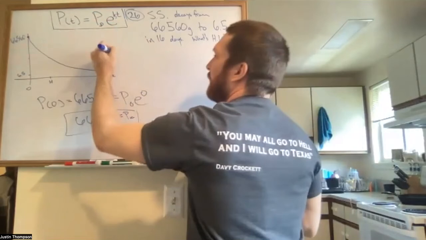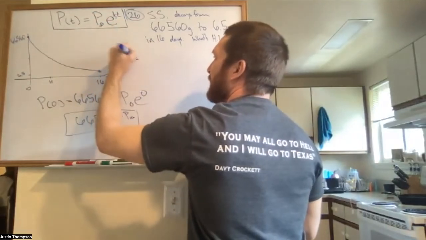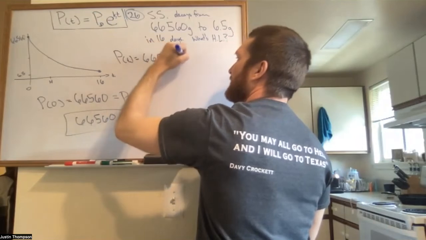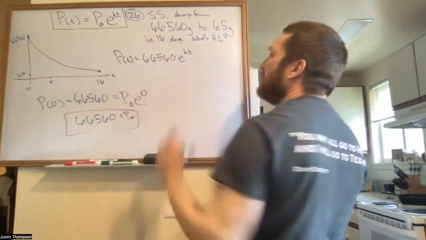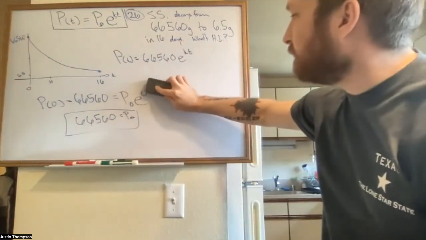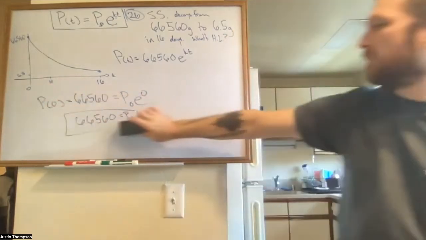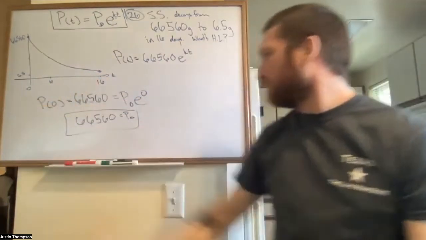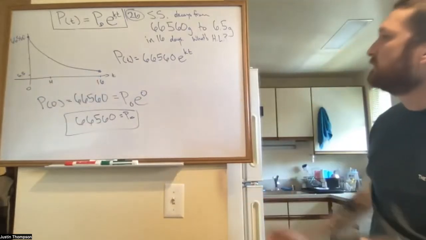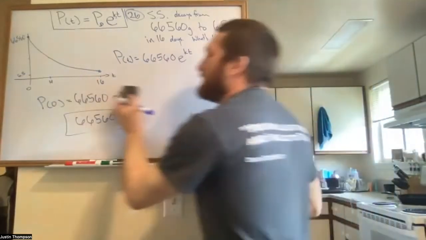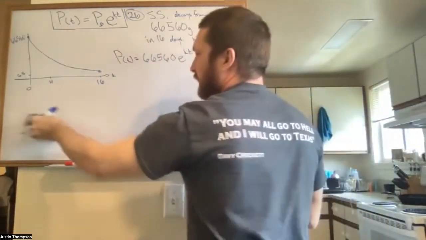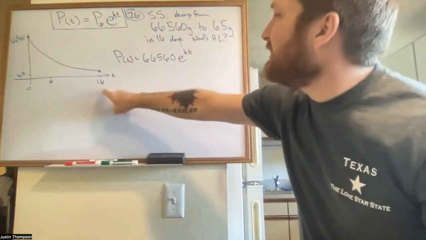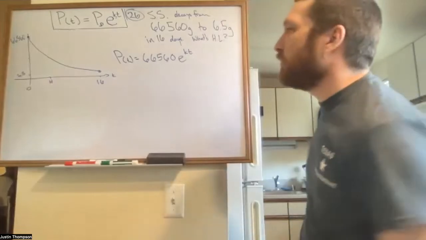That's easy enough. Just like last time, I'm going to plug that back into my original equation, 66,560 e to the k times t. And now the only other data point that they give us, can I erase this stuff? You got your P0? One sec. Yeah, I'm good. Okay, so that's how we got P0. And now they tell us that when we plug in a 16, my output is 6.5.